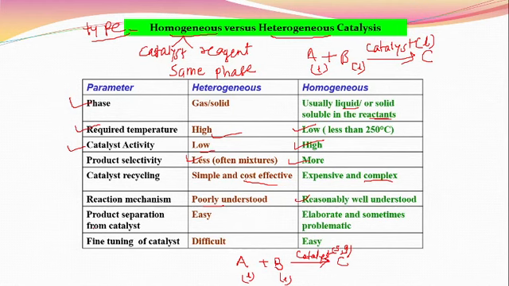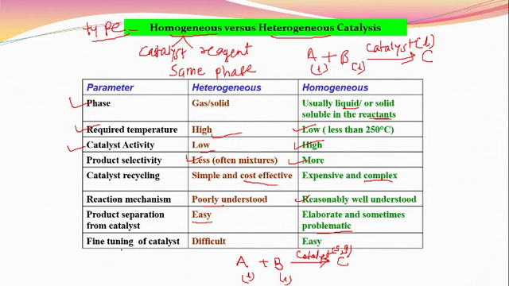Here the product separation from the catalyst is very easy in heterogeneous catalysis, because they have two different phases, so the product can be easily separated out. But in homogeneous catalysis, it is very elaborate and sometimes problematic, because both are in the same phase, and separating the product and the catalyst is very difficult.